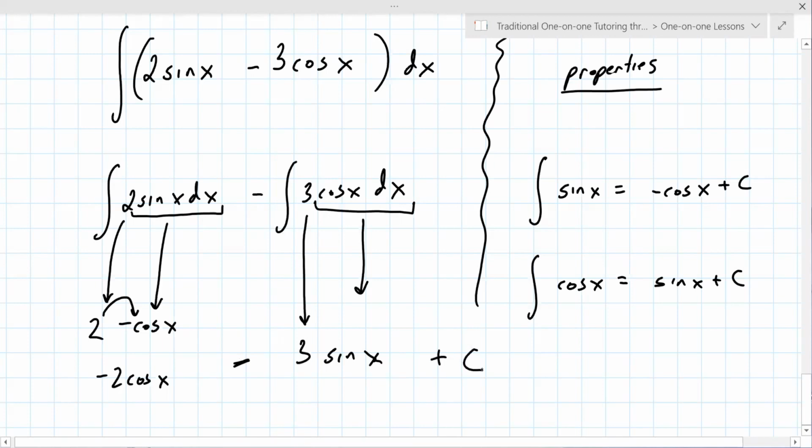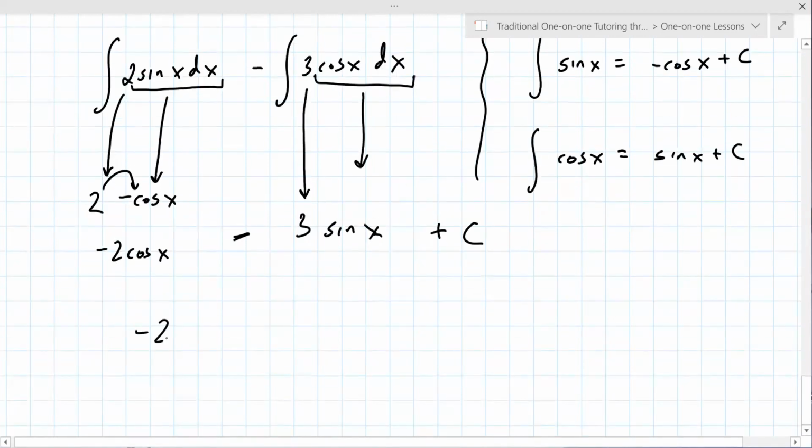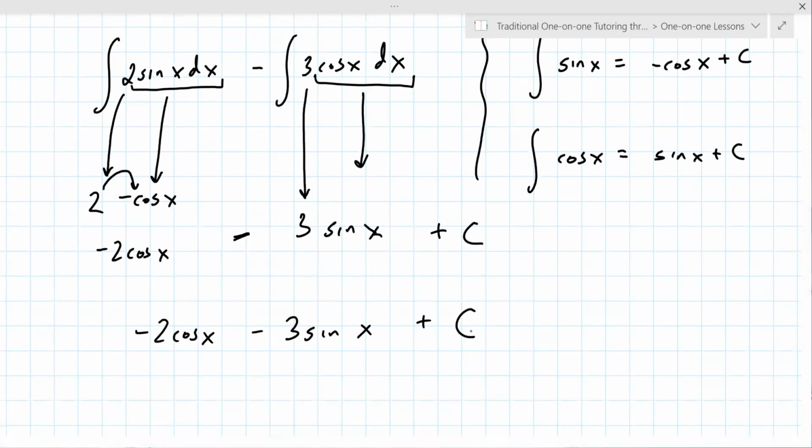Yes. The integral of cosine x is sine x. The integral of sine x is minus cosine x. So then this is what's left over: minus 2 cosine x minus 3 sine x plus c. Does that work? Yes.